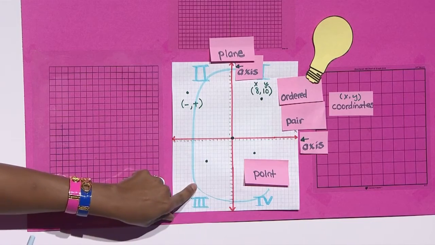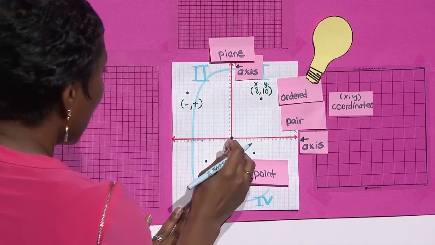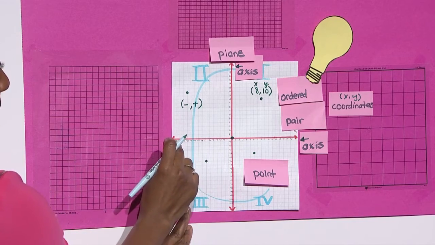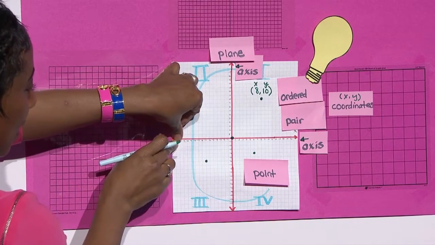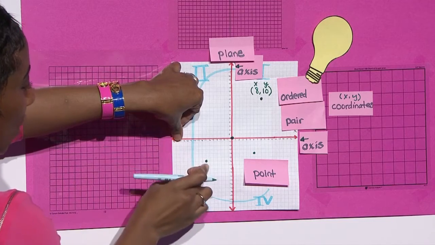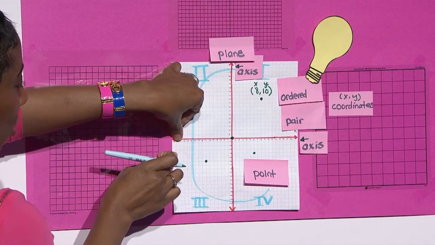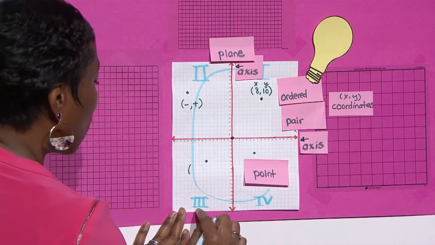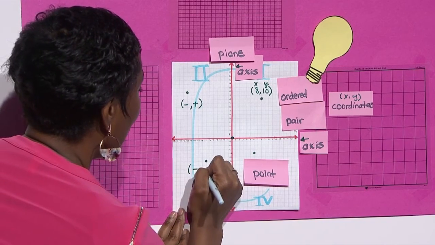Let's move down to quadrant number 3. Again, you start at the origin and move in the direction of the x-axis. And then you move in the same direction as your y. But notice this point is down here. So I'm going to move down. That means that everything in quadrant 3 is going to be negative, negative.